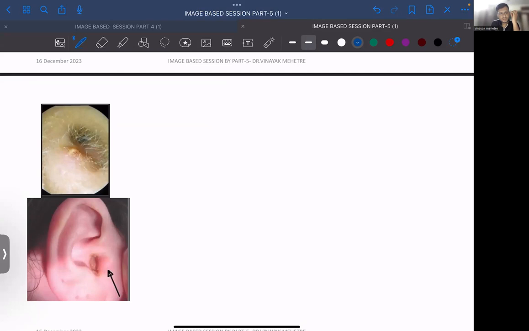On otoscopy, there is a small comedone or swelling. The image is given. What do we call this? Localized otitis externa.